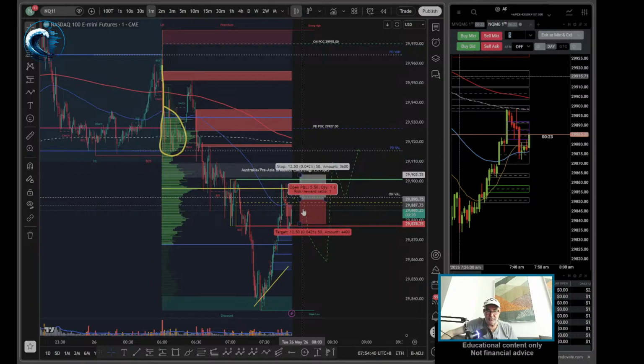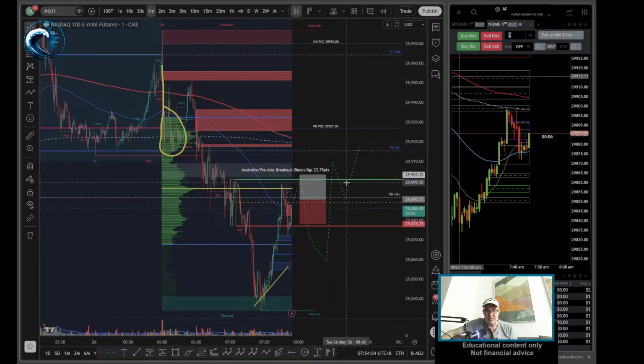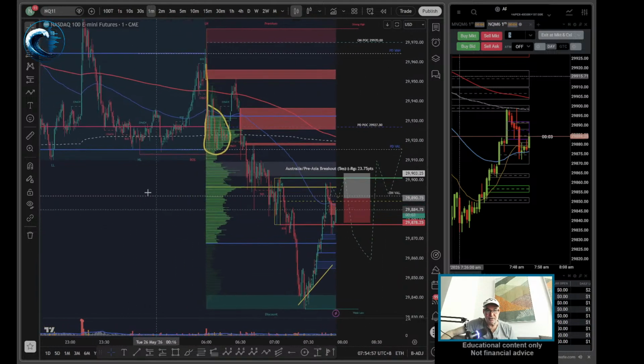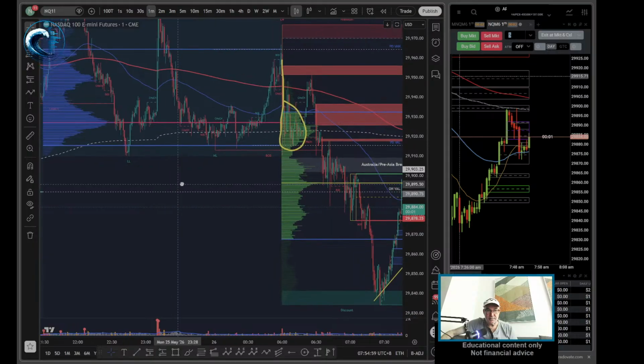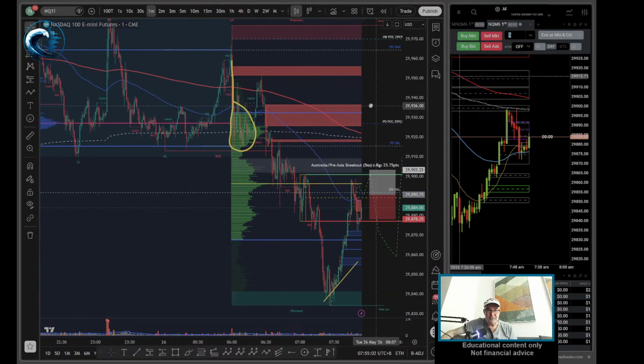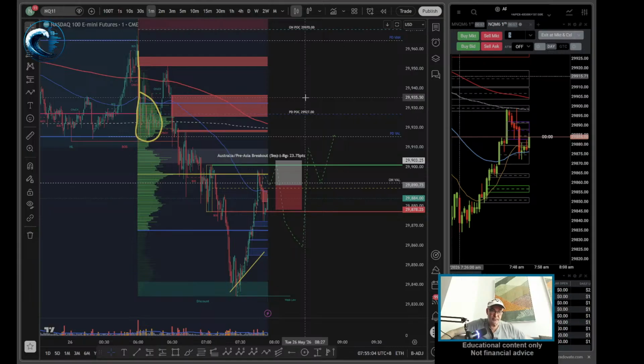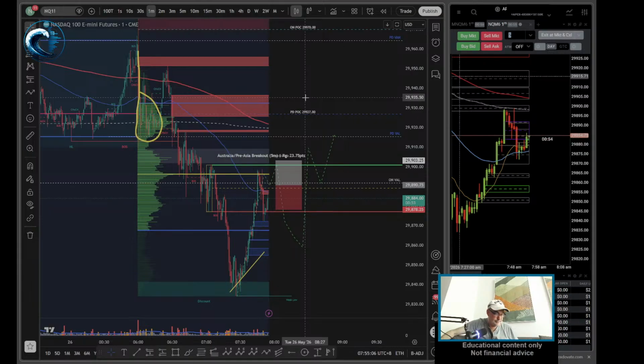It is above and we are obviously below, so I would expect the market at some point to start targeting that area. Obviously the longer we're bearish, this VWAP will start continuing to go down, but it's flatlined here, but still it's a good target. It's a good indication of where the market likes to try and get back to.